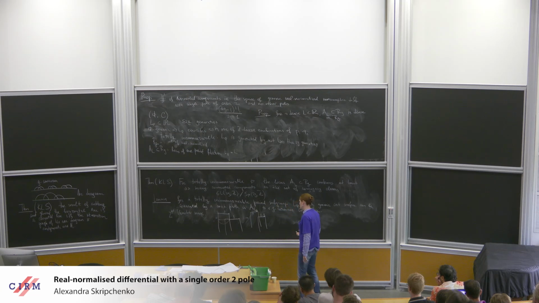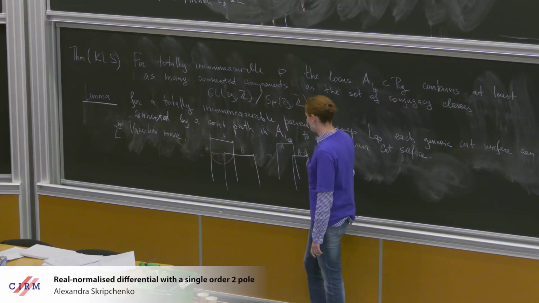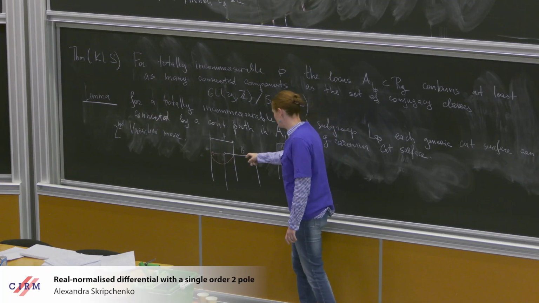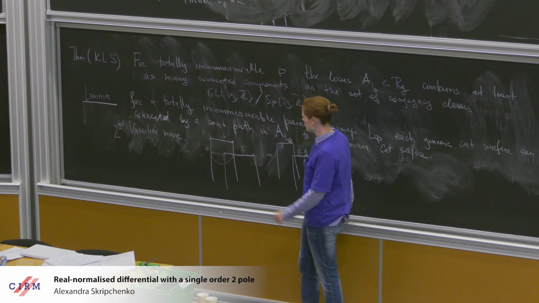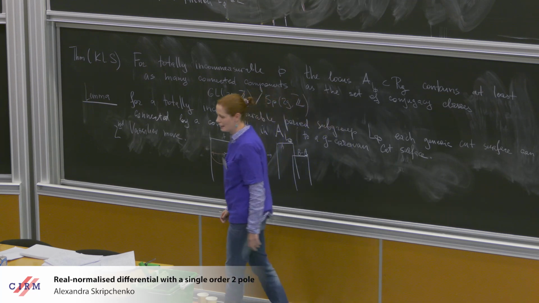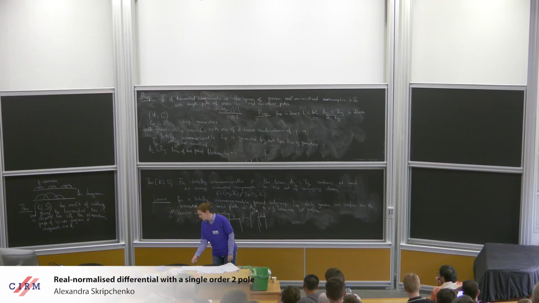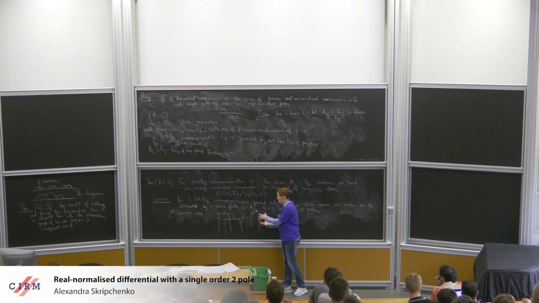So what I want to say is that you have some kind of operation that changes the combinatorics, and this change exactly corresponds to the second Vassiliev move applied to my arc diagram, in a combinatorial sense.